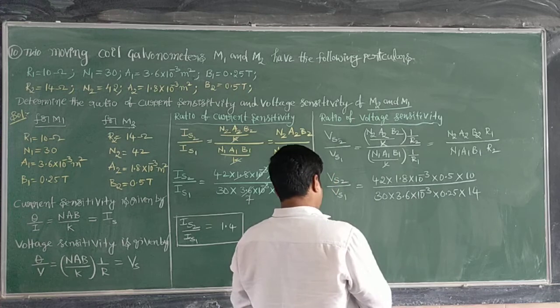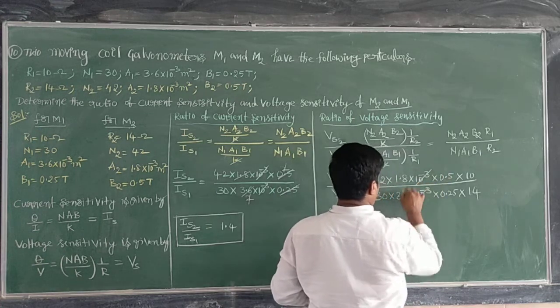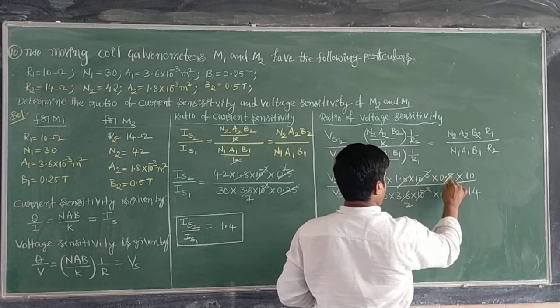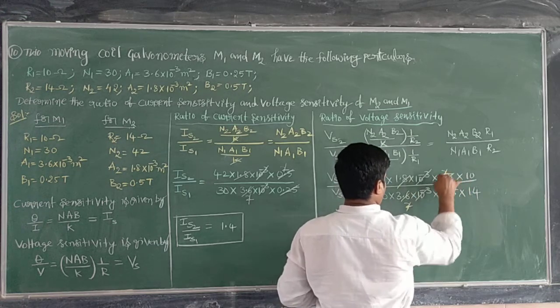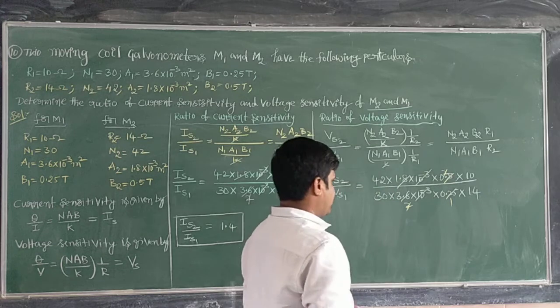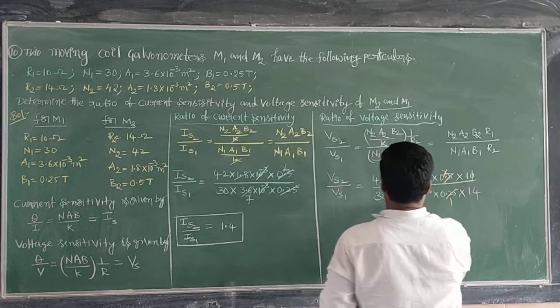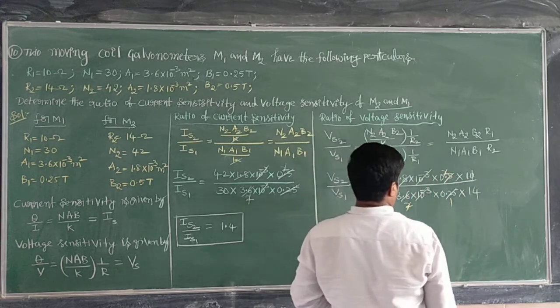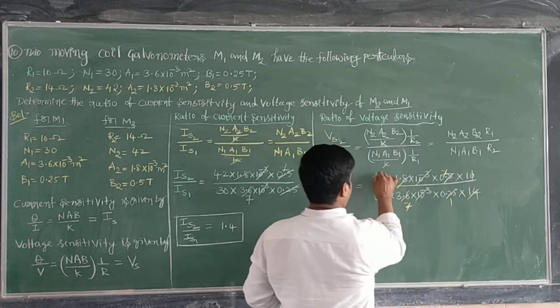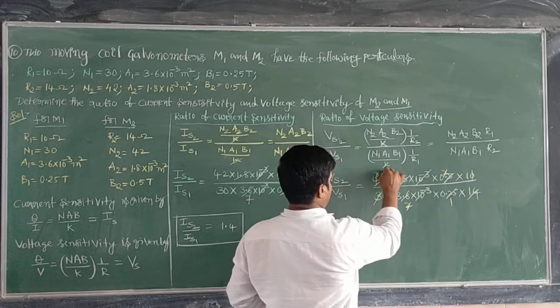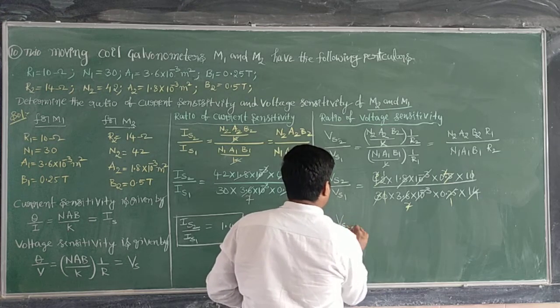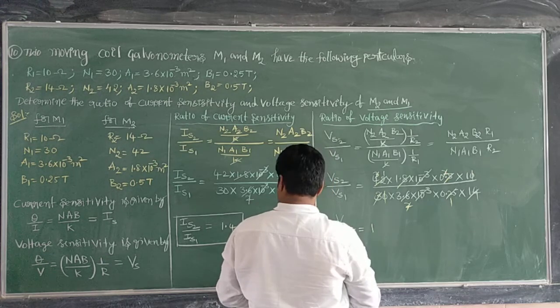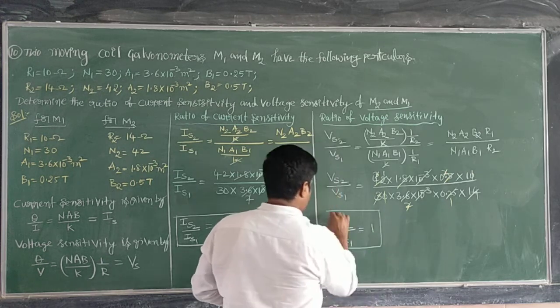The 10 power minus 3 cancels, and the other terms cancel in turn. So the voltage sensitivity of the second moving coil galvanometer to the first is 1. This is the answer.